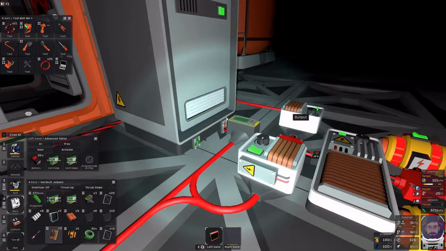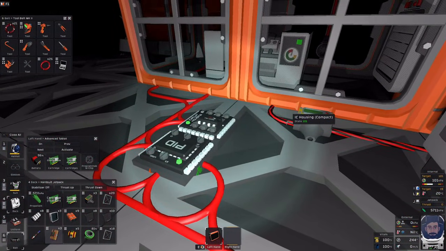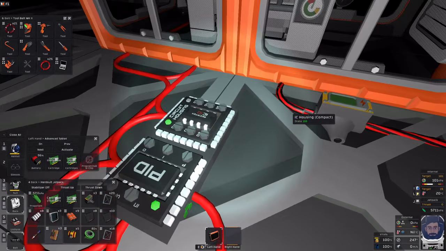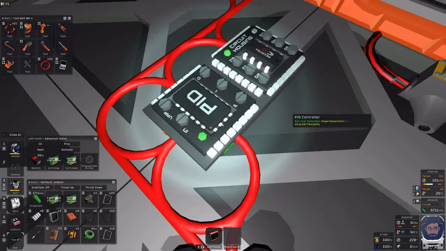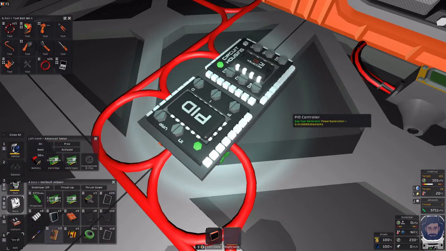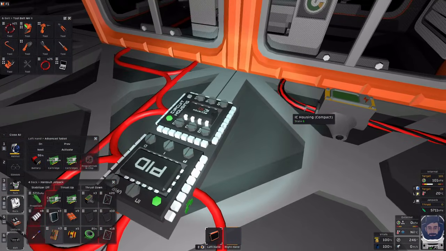Now, what this IC10 chip is doing is it is controlling this PID to adjust the set point dynamically to determine what the settings need to be.